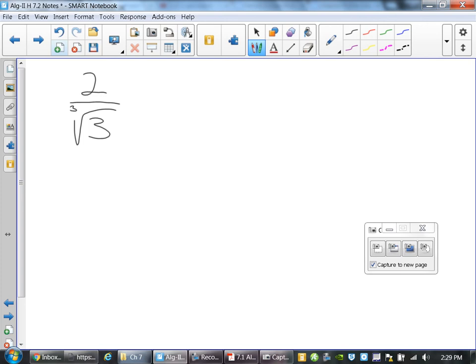When I'm rationalizing nth roots, the book doesn't usually do it this way, but I like to switch to a fraction, because if I have a fraction, I can see what I have to add up to equal the whole. Okay? The cube root of 3 is 3 to what power? 1/3. Good. So this is the exact same thing as saying 2 over 3 to the 1/3.